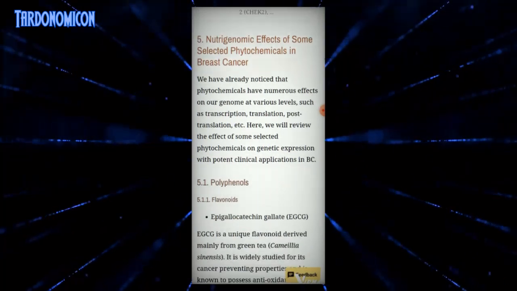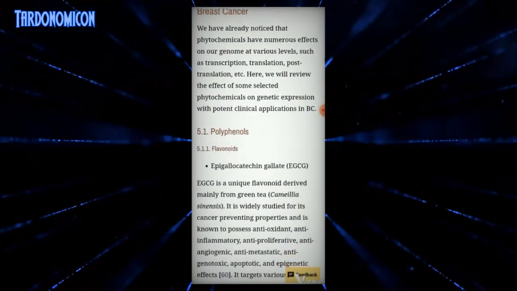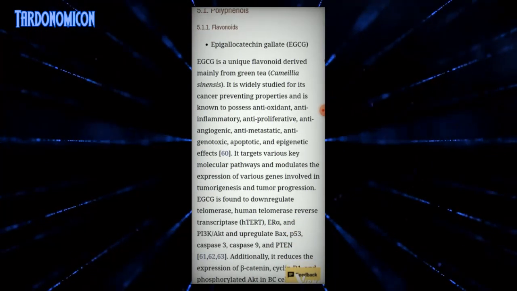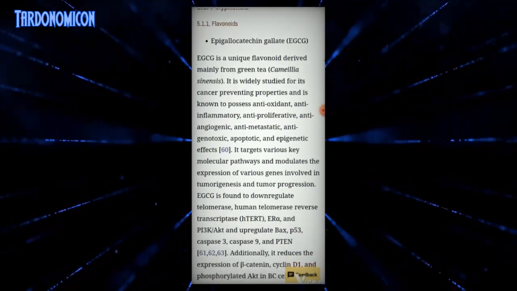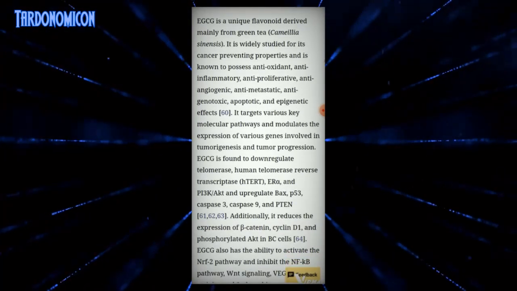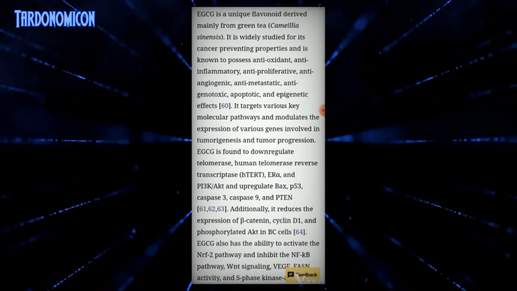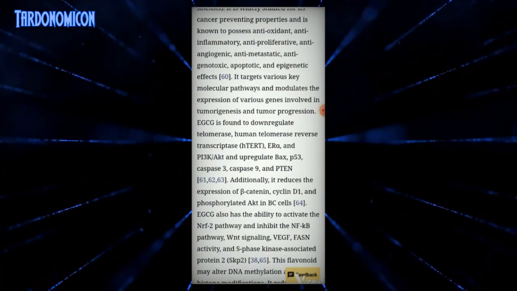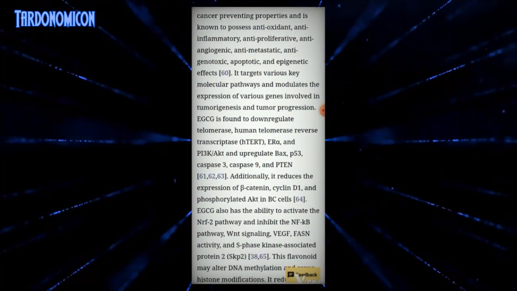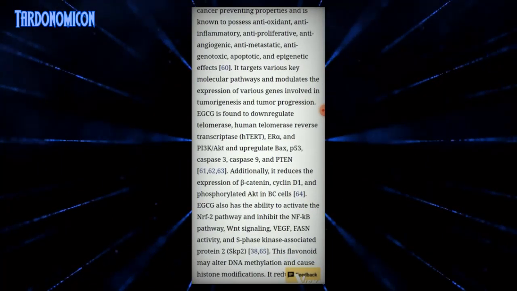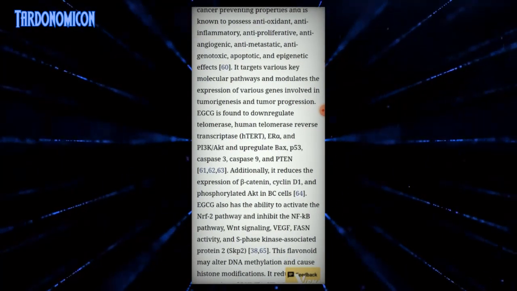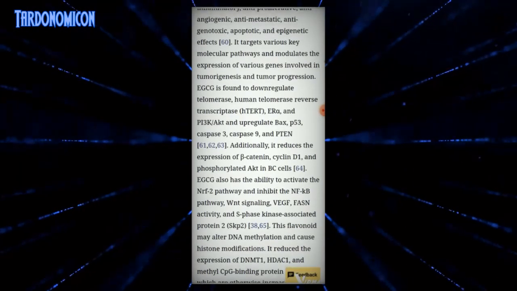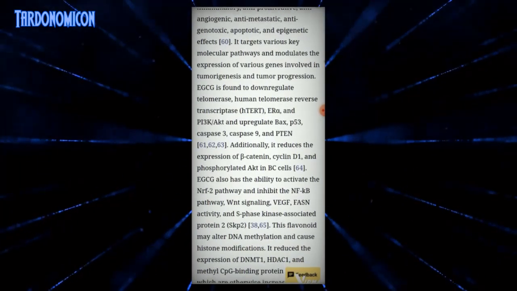Nutrigenomic effects of some selected phytochemicals in breast cancer. EGCG is a unique flavonoid derived mainly from green tea. It is widely studied for its cancer-preventing properties and is known to possess antioxidant, anti-inflammatory, anti-proliferation, anti-angiogenic, anti-metastatic, anti-genotoxic, apoptotic, and epigenetic effects.